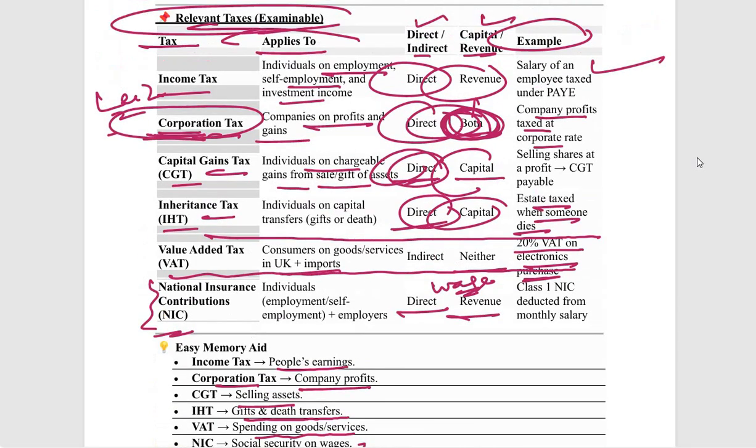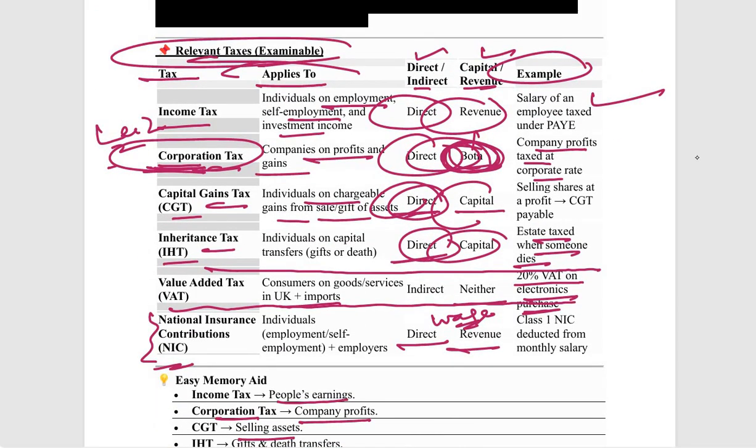And what are the tricky points you have to understand here? Corporation tax, which can be both, and VAT, which is neither capital nor revenue. And what is an easy memory aid here?